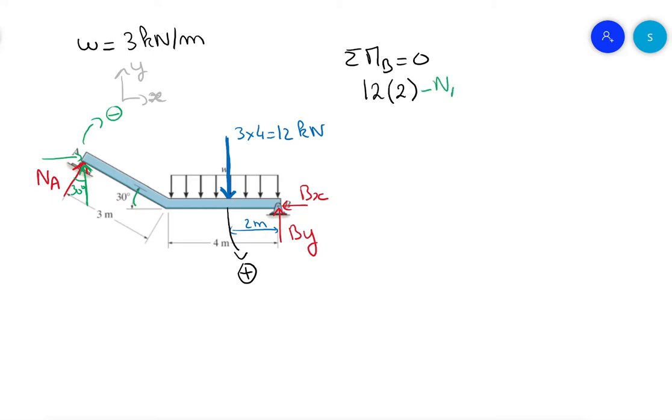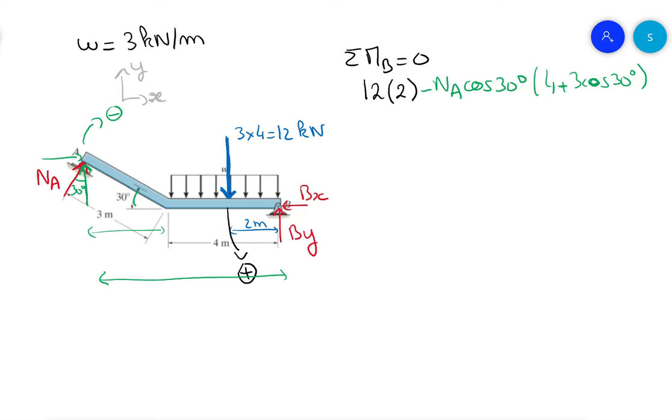So minus NA cosine 30, and the distance is this one. So the distance will be 4 plus 3 cosine 30. Okay, so that's the total there. So the 3 cosine 30, that's this one, and the 4, that's this one.